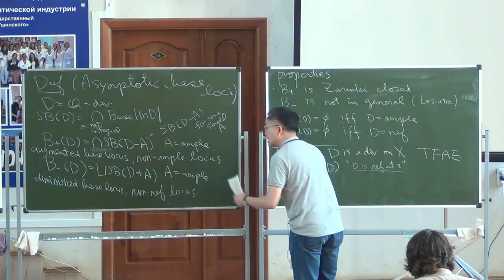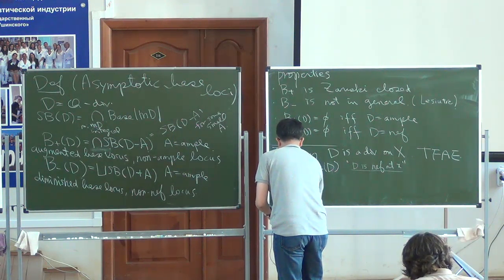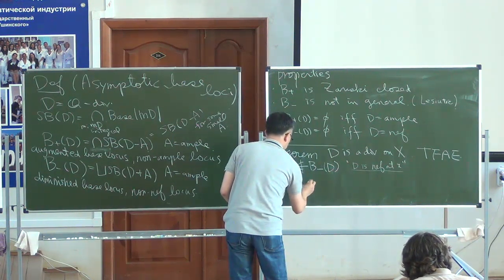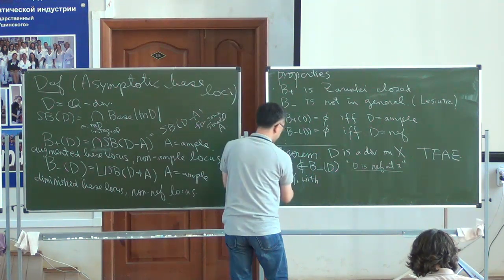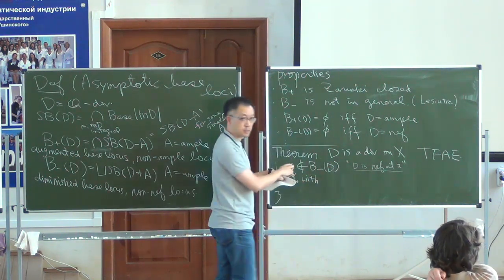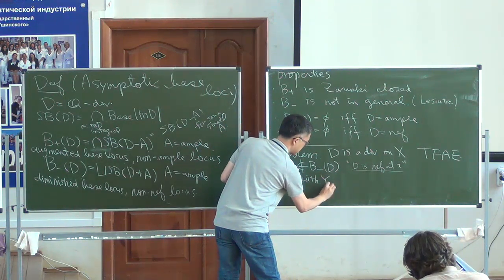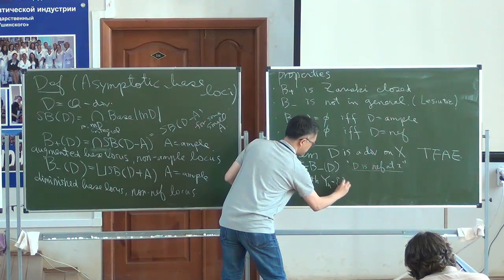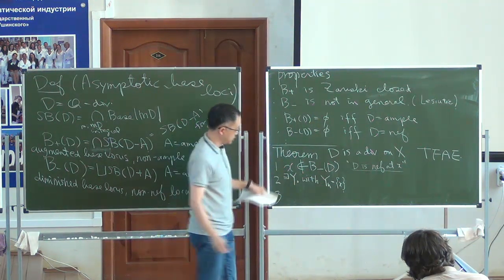And the next one is, as I said here, there exists a flag. A flag is a sequence of subvarieties whose codimension increases by 1. So the last one is a point, Xn is a point, given by this one.